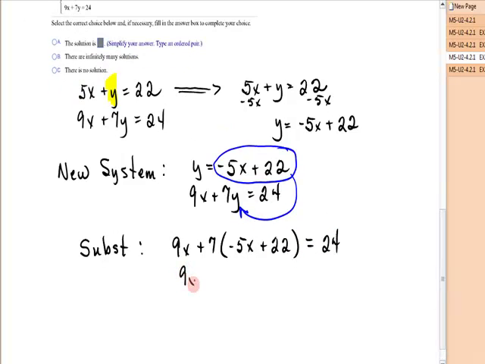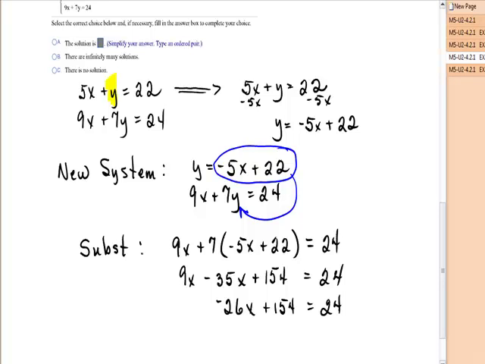I have 9x, distributive property. 7 times negative 5x is negative 35x. 7 times 22 is positive 154, and that's equal to 24. Combine like terms, I have negative 26x plus 154 is equal to 24.